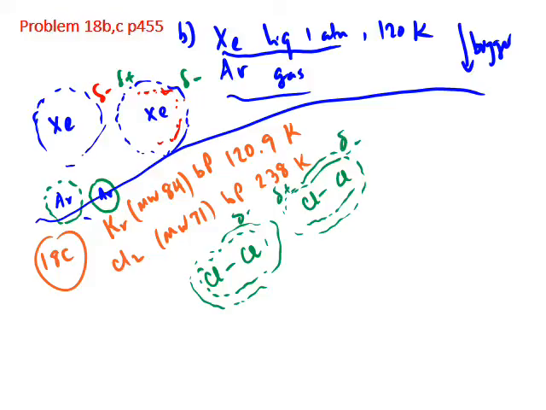That's how it works. So Cl2, a diatomic molecule, would show greater polarizability than krypton. Krypton is not as polarizable because it's just a single atom. So two atoms, like two Cl atoms, would be much bigger than a single krypton atom.